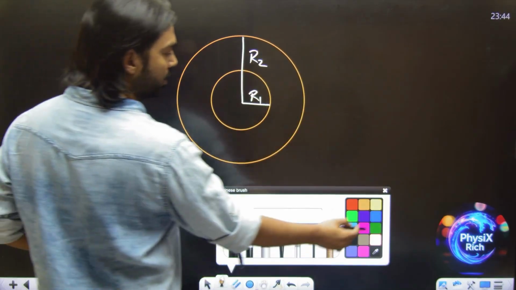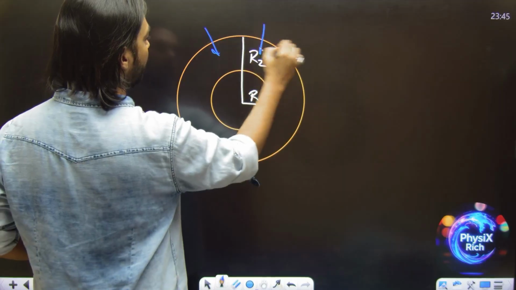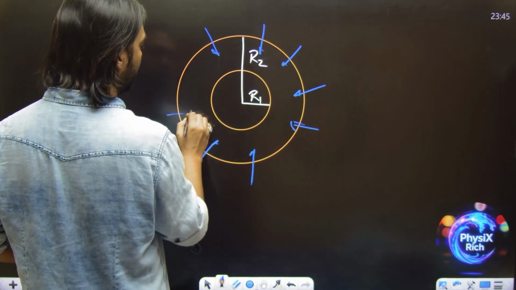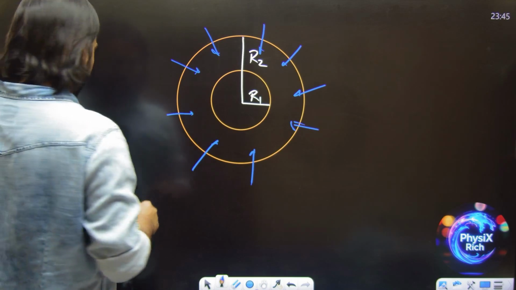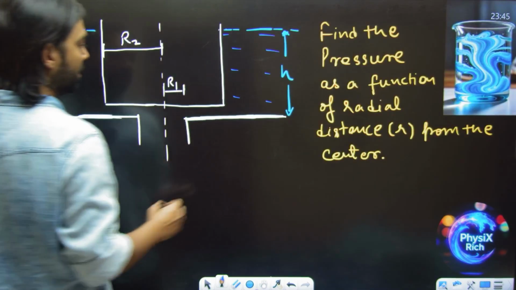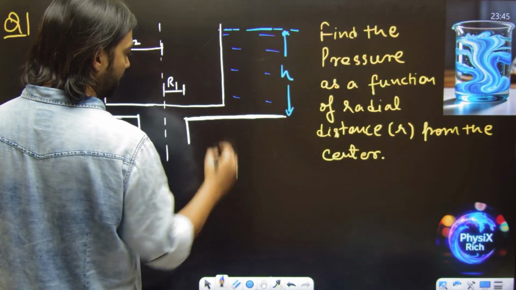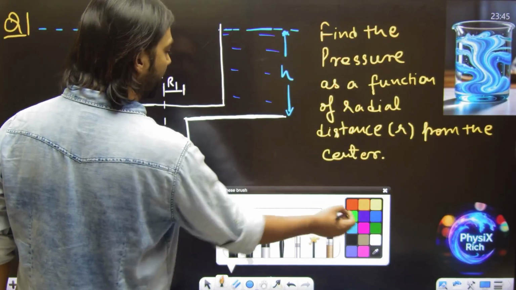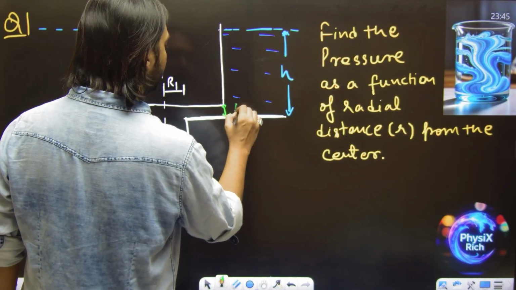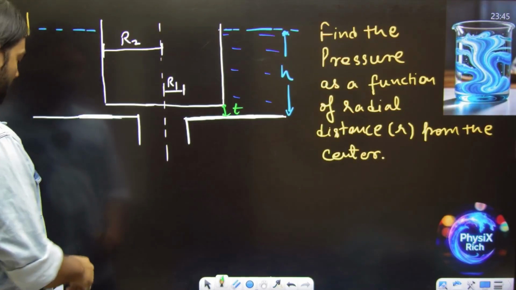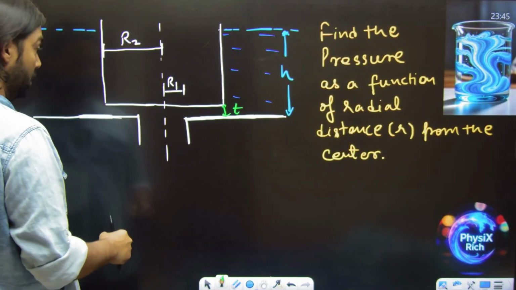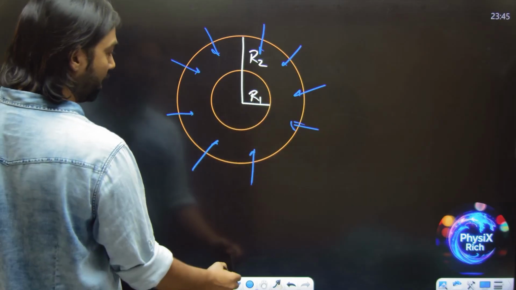Now you see that liquid will be flowing in like this. The interesting part over here, guys, is this thickness. Let's take T as the thickness. This is the top view.